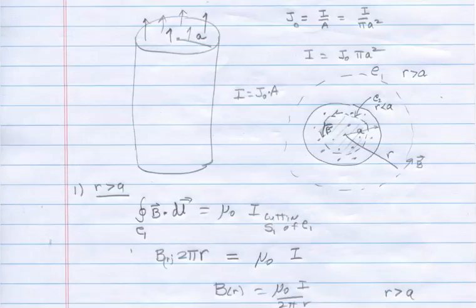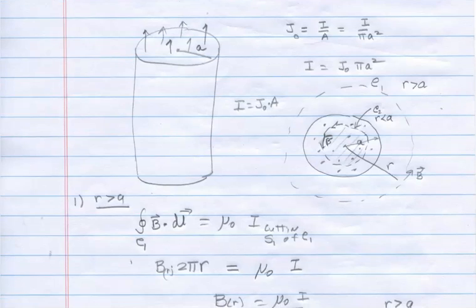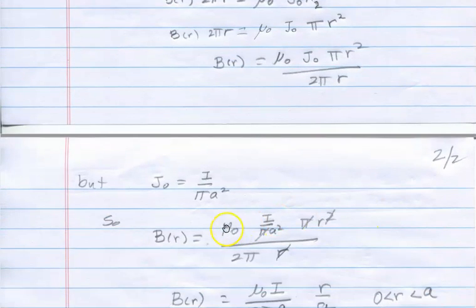J naught is just a constant that was the total current I divided by the total area, which is pi a squared. So for J naught, I substitute in I over pi a squared into this expression.